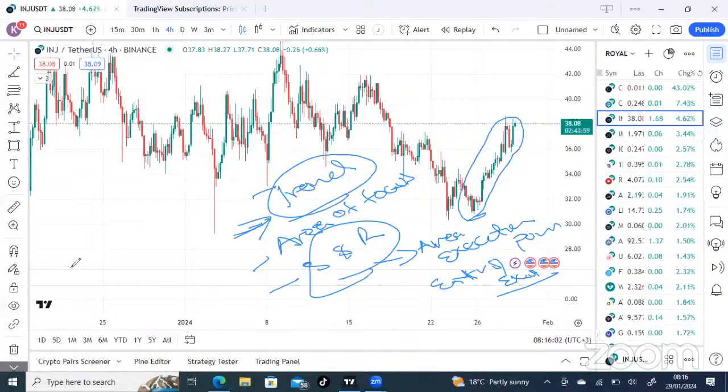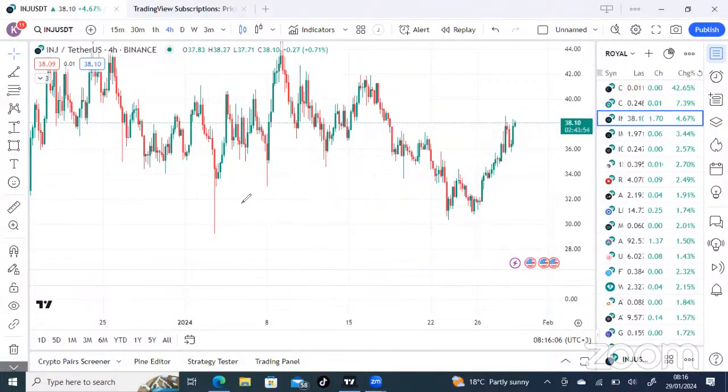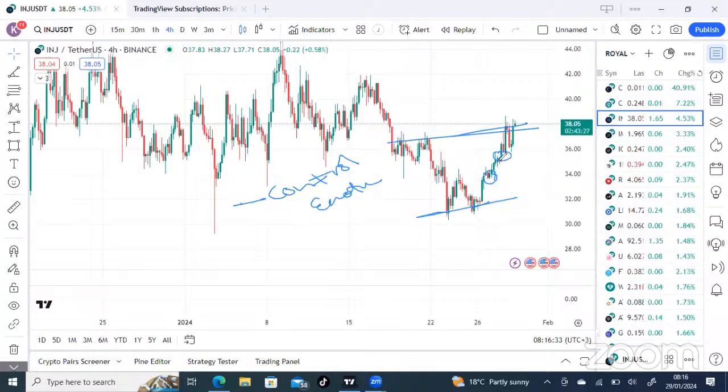And when you decide to be a trader, there are certain things we need to look at. One, control your emotions. What do I mean by emotions? If you draw your support here, and you draw your resistance here, and you enter from here, when you see some red candles, don't sell your trade.